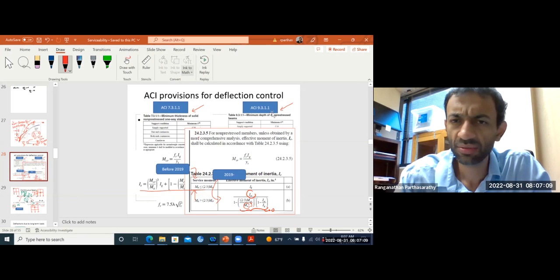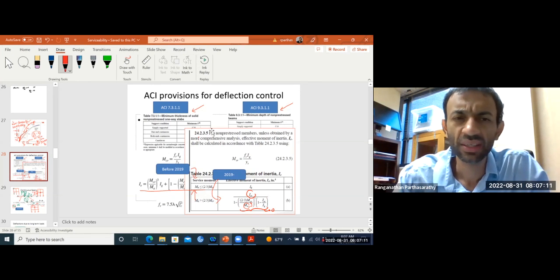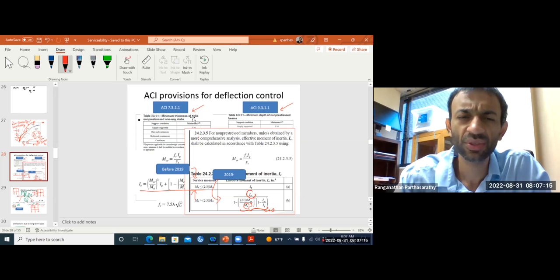So I think we have compared. Your minimum depth is also a bit more stringent in your 2019 code. Let's have a look at that quickly.